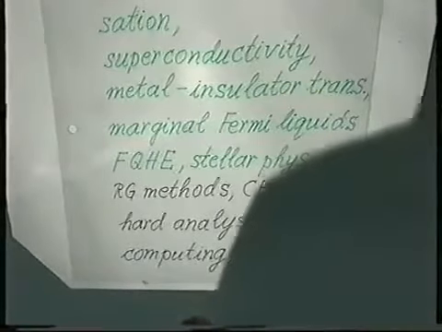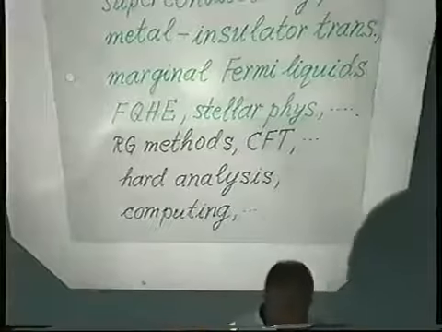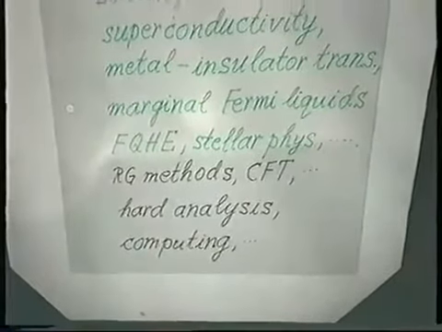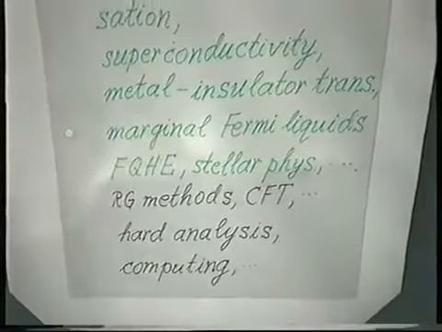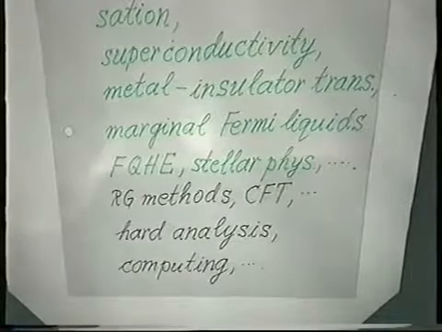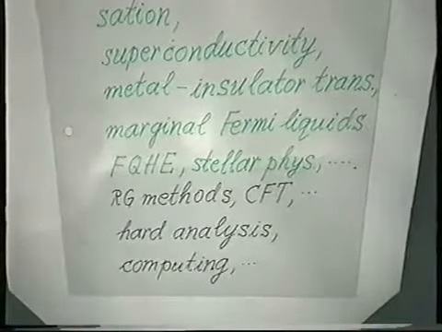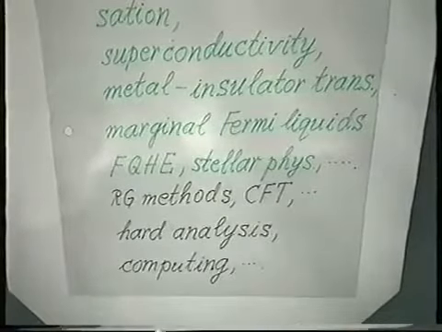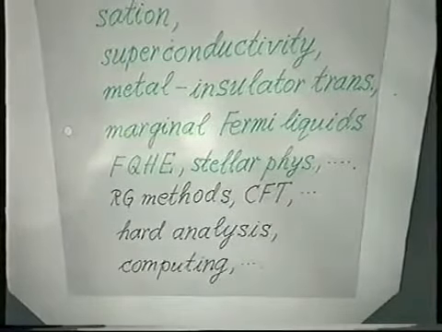The mathematical methods that people use to address such problems are renormalization group methods, conformal field theory techniques, in short, hard analysis and computing. So this talk will be really about analysis.